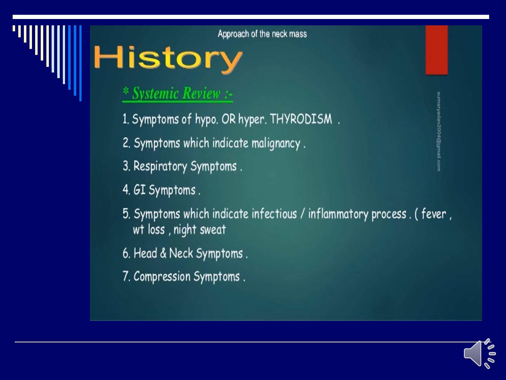Any tumor compressing the blood vessels of the neck can cause these symptoms, either engorgement in the neck or back pressure on the lung and heart.